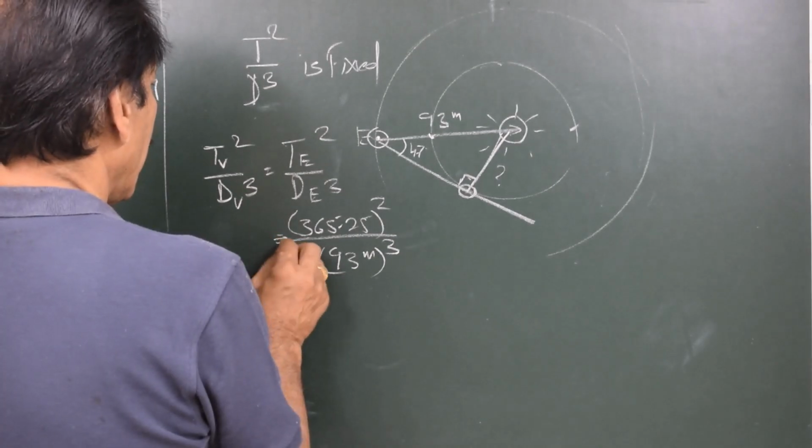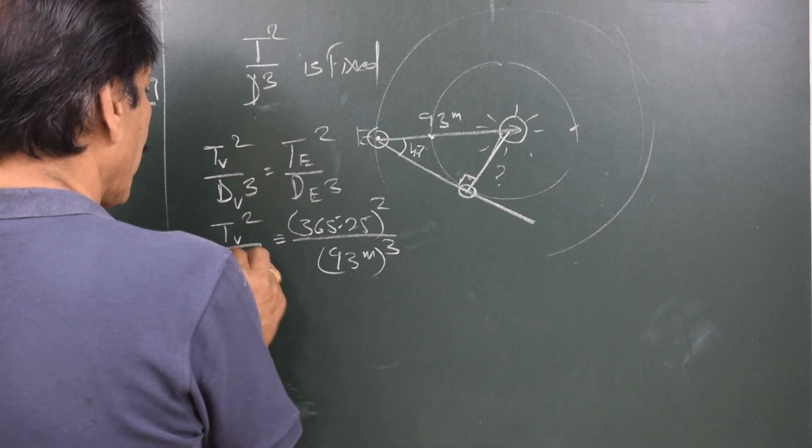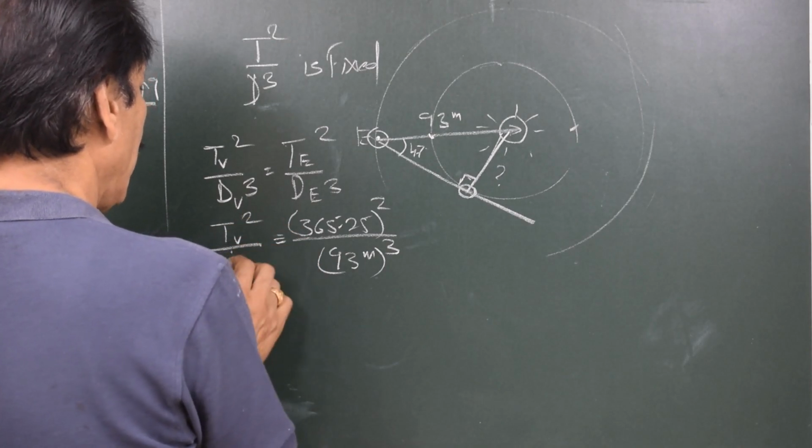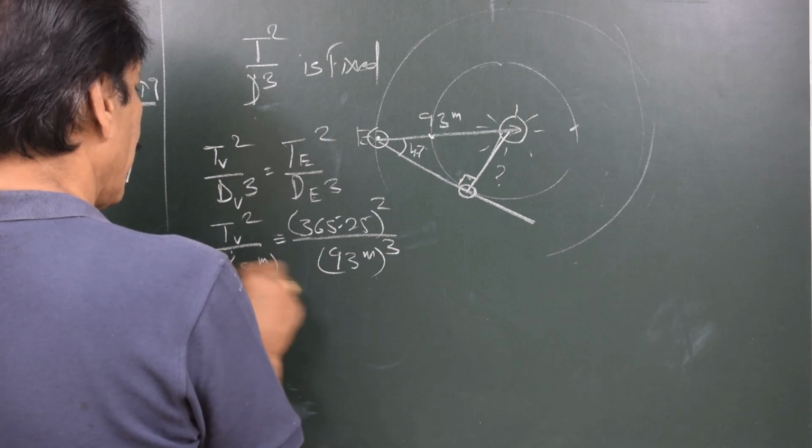This is equal to TV squared upon dV cubed, and dV is nothing but 68 million cubed.